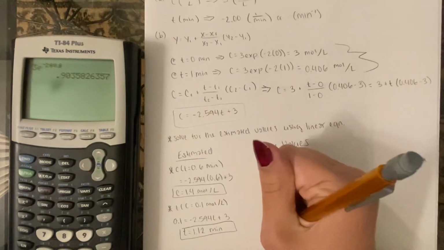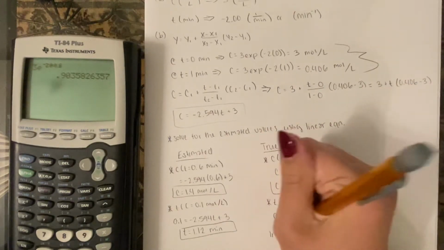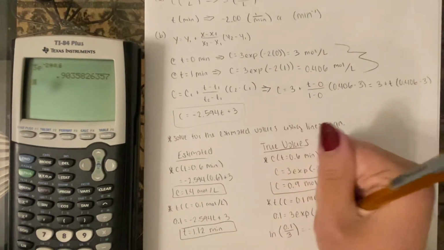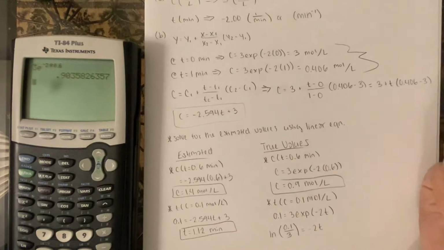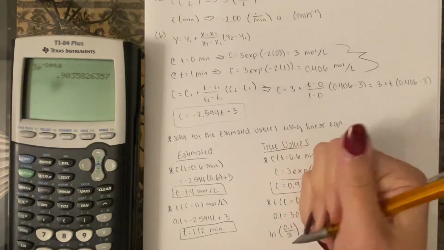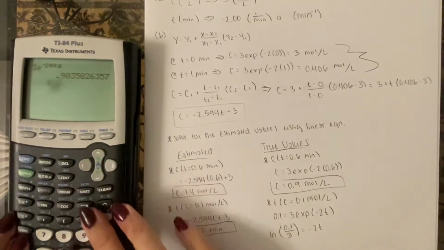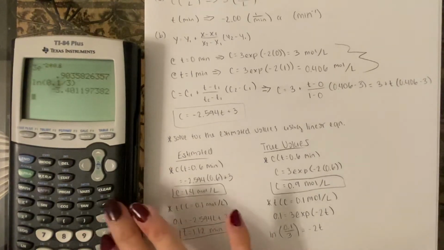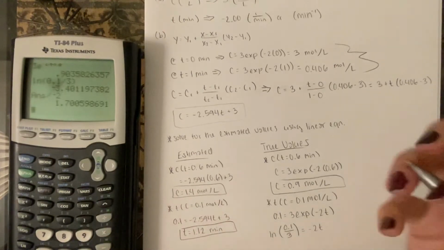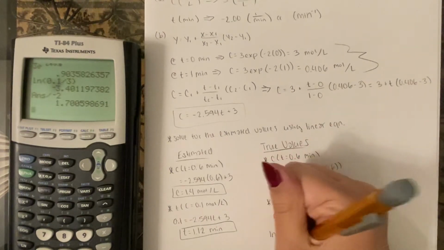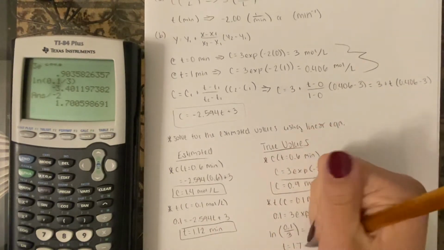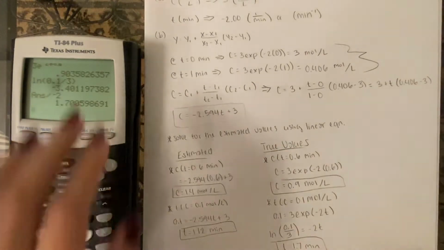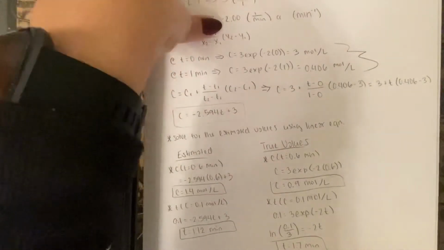So we're going to do the natural log of 0.1 divided by 3 equals -2t. And you're going to get time is equal to 1.7 minutes.